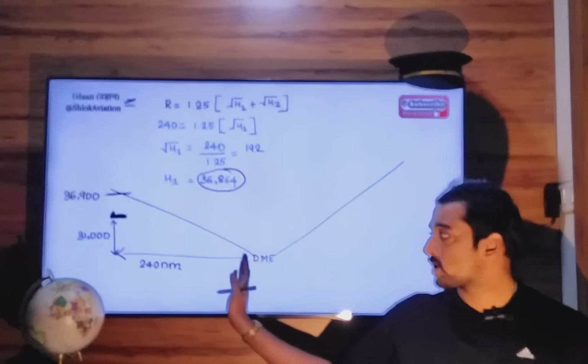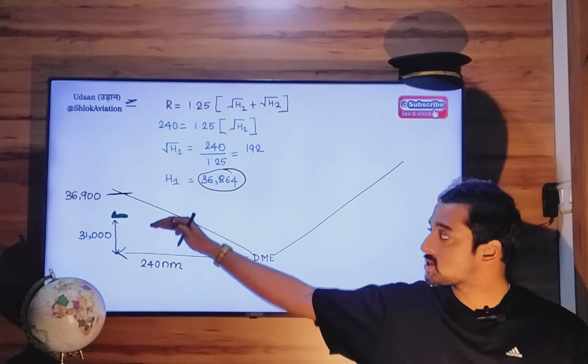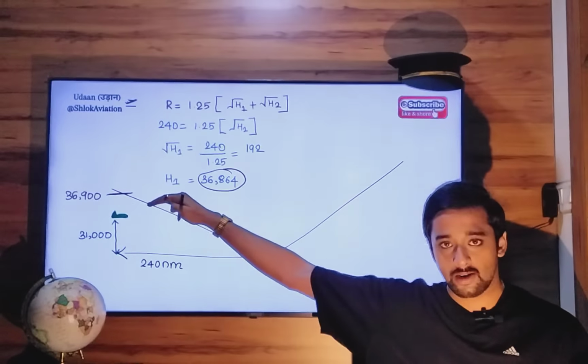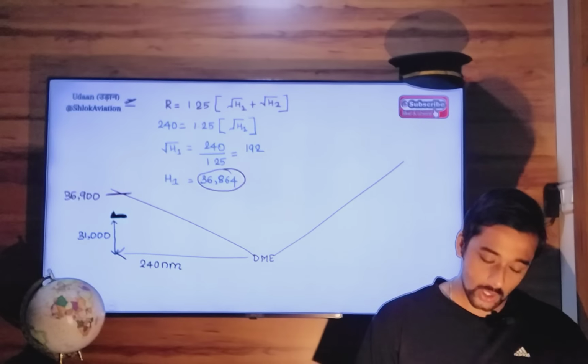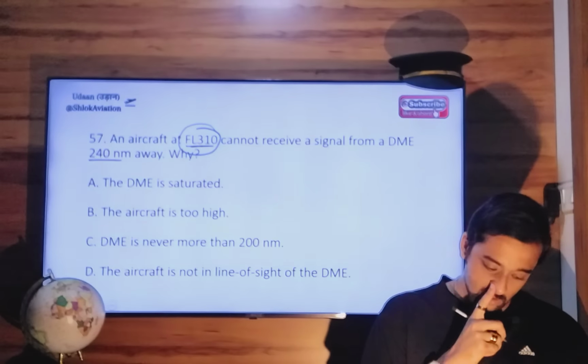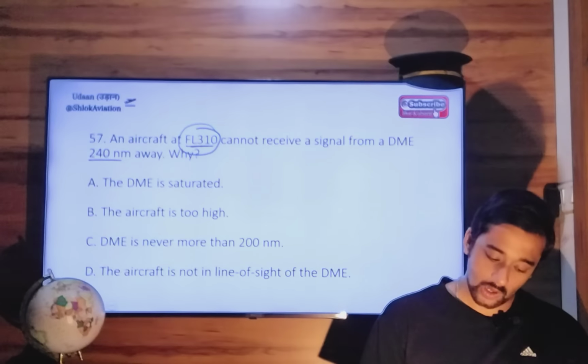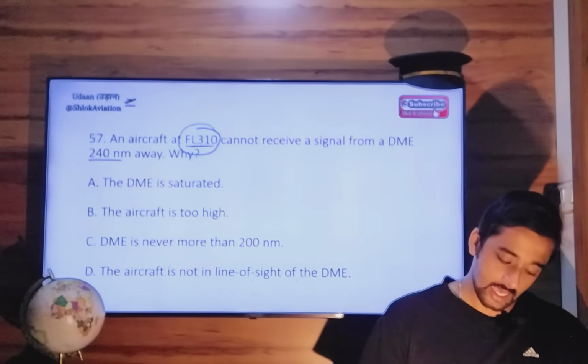When you are 240 miles away from the DME station, you must be at a minimum of 36,900 feet in order to get those signals successfully. So if you are below that, you are not going to get them. So the answer is the aircraft is not in line of sight of the DME station.